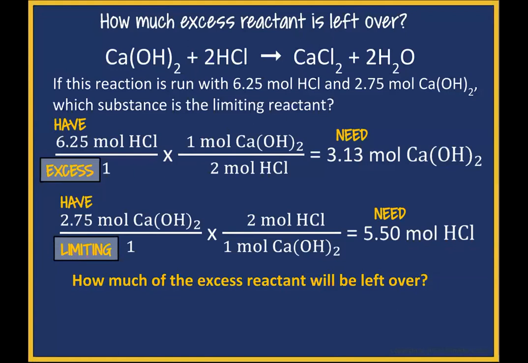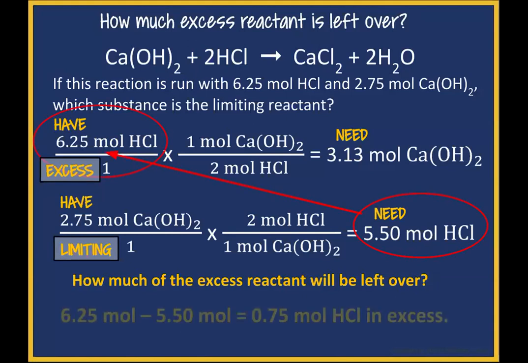CaOH2 is the limiting. How much of the excess reactant will be left over? All you do is subtract. We need 5.5, we have 6.25, so we're just going to subtract those and we will have 0.75 moles of HCl left over. That's all we're doing right here.